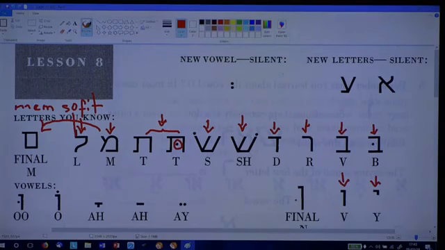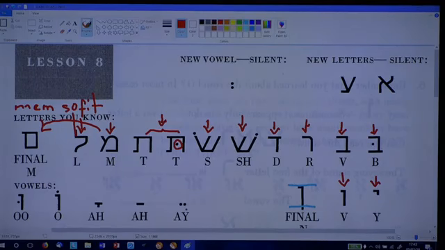I'm going to use blue. The final N, the nun sofit, extends below the line, maybe a little bit more than that. And it is an N at the end of a word. That was easy.